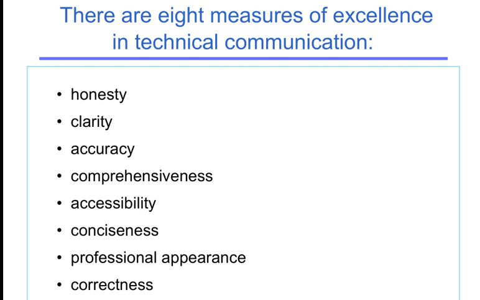So when you're creating a document, you want to make sure you're honest, you're clear, that you provide correct information, that you provide all the information that you need to provide, that it's accessible, that it's readable, and you can actually find the information, that it's concise, short and to the point. That's one of the things that we'll do a lot of in this class: we don't write when 2 words will work better than 5, you're going to use 2 words. It has a professional appearance. Again, you're reflecting your place of employment, so you want it to look professional.